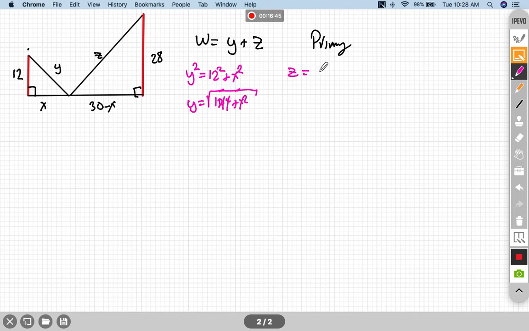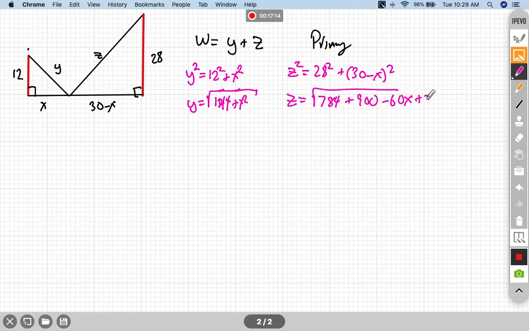z squared is 28 squared plus 30 minus x squared. So z is going to equal the square root of 28 squared, which is 784, plus 900 minus 60x plus x squared.